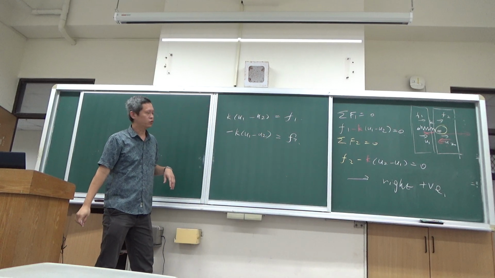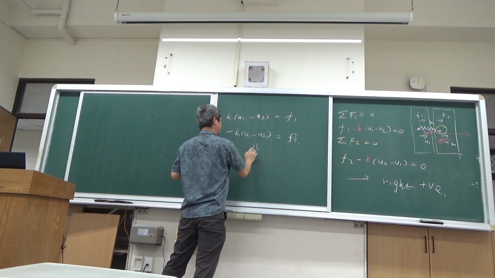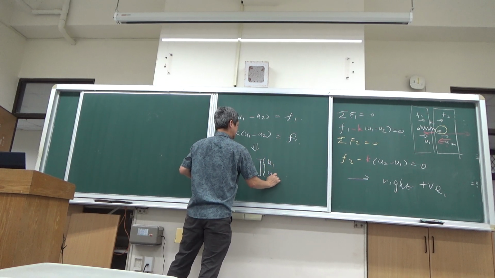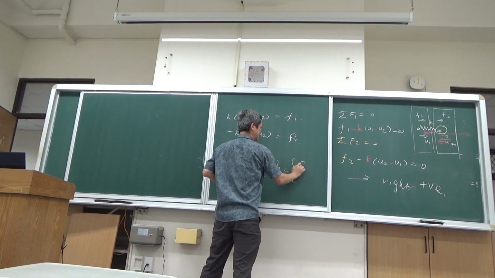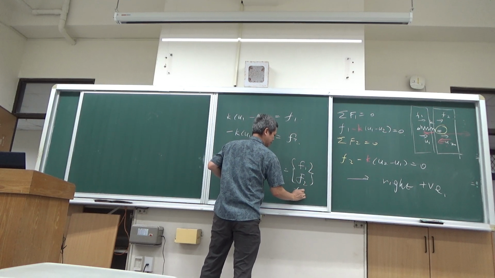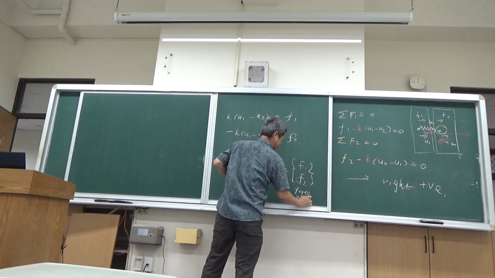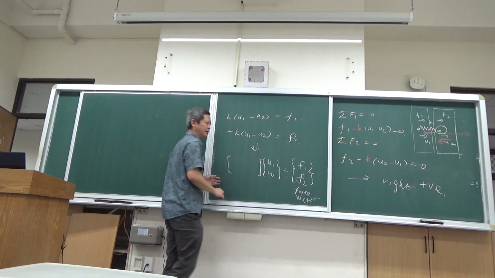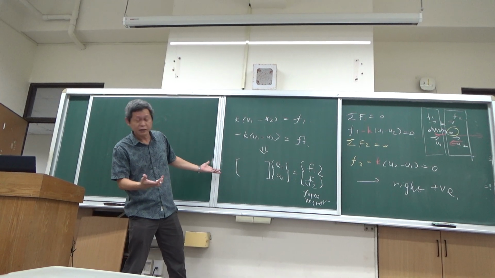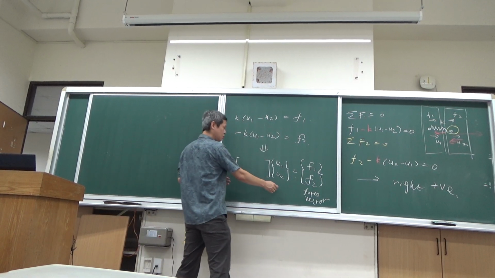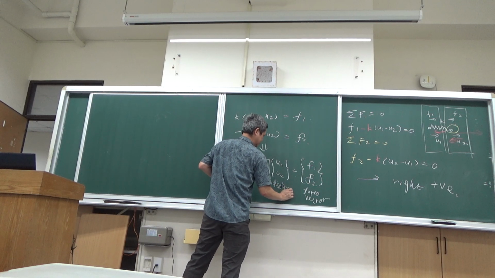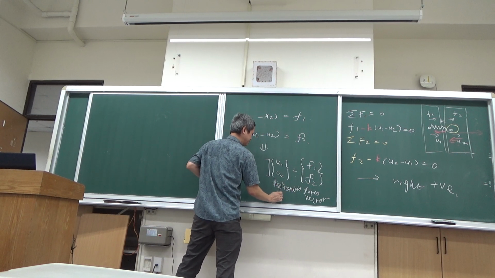One thing we can do is rewrite these as a matrix. The right hand side is what you call the force vector, and the left hand side is Hooke's law, with a matrix times the displacement vector.